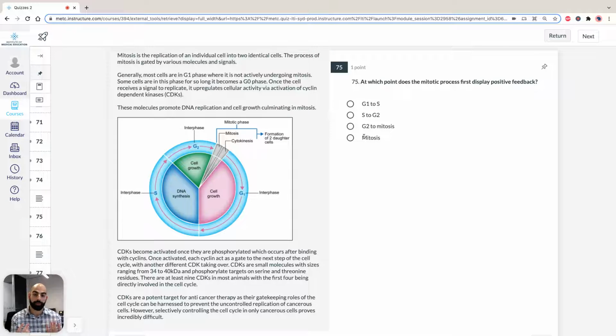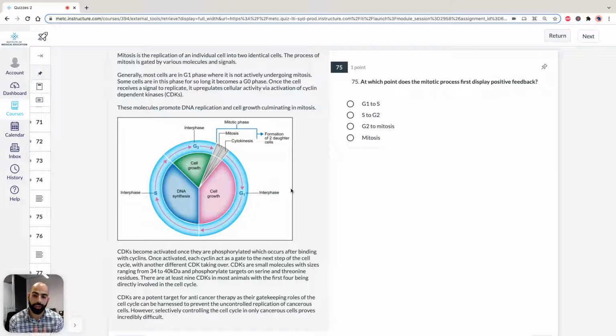Remember the acronym IPMA: interphase, then mitosis or meiosis, which is prophase, metaphase, anaphase, telophase. That occurs after interphase, so it can't be mitosis. It has to be one of these three. At the beginning of interphase, it goes from G0 to G1, then DNA synthesis, then cell growth because it's preparing for mitosis. So you know straight away it has to begin with the cell growth where there hasn't been any DNA synthesis.